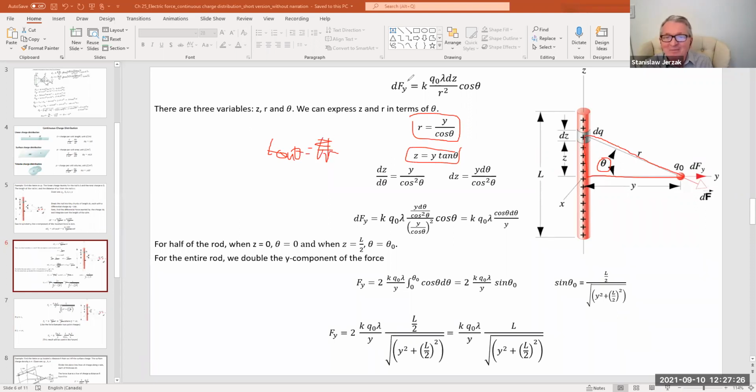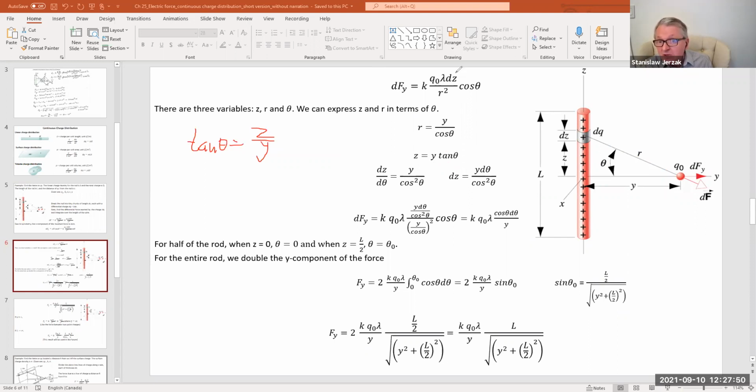Sorry, I better clean it quickly. From this triangle, the tangent of that angle is the opposite side, which is z, divided by the adjacent side, which is y, so z divided by y. From which z is equal to y tangent theta.